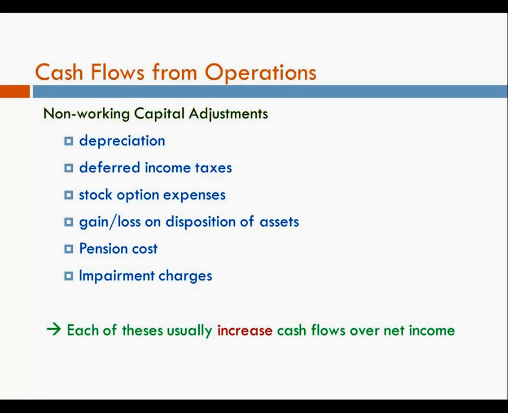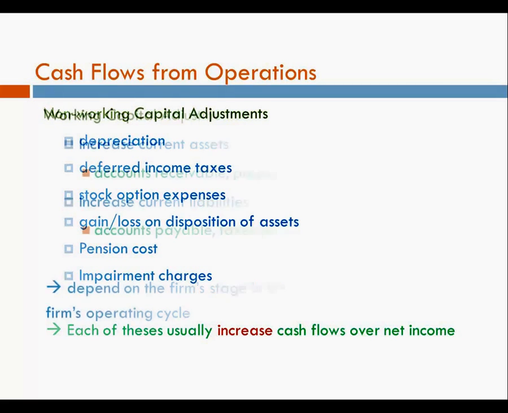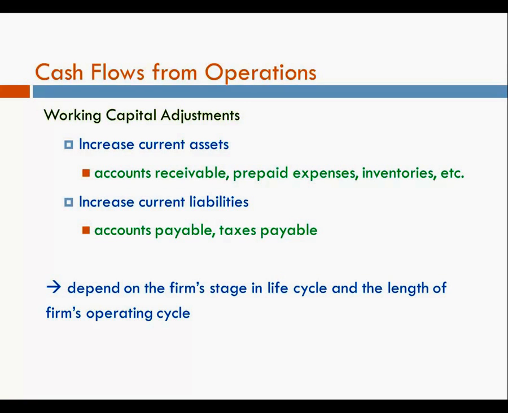Impairment charges reduce your net income, have no effect on your cash flow. Depreciation reduces your net income, has no effect on cash flow. So all of these non-working capital adjustments have the effect of reducing your income without reducing your cash flows. Working capital adjustments might increase, might decrease your cash flows versus your income.